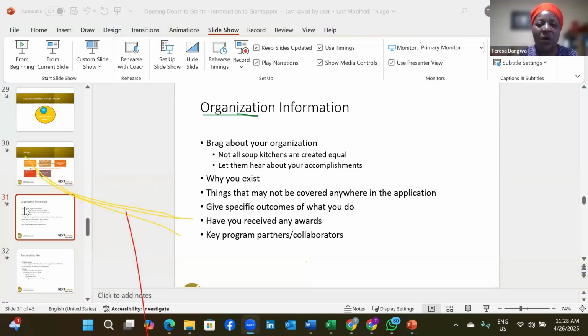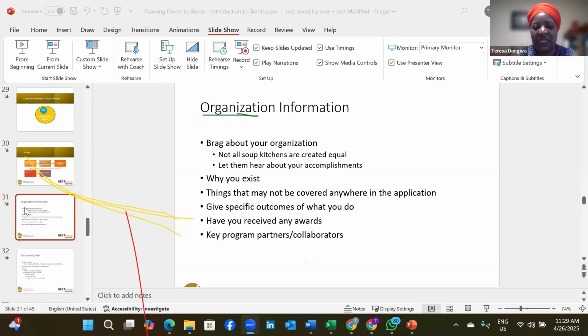Okay, so organization information. This is where you brag about your organization. Not all soup kitchens are created equal, right? Even while other organizations are doing similar work, you are unique in your own way. What drove you to start your organization is not the same thing that drove the next soup kitchen. So let them hear about your accomplishments, why you exist, things that may not be covered in the application.